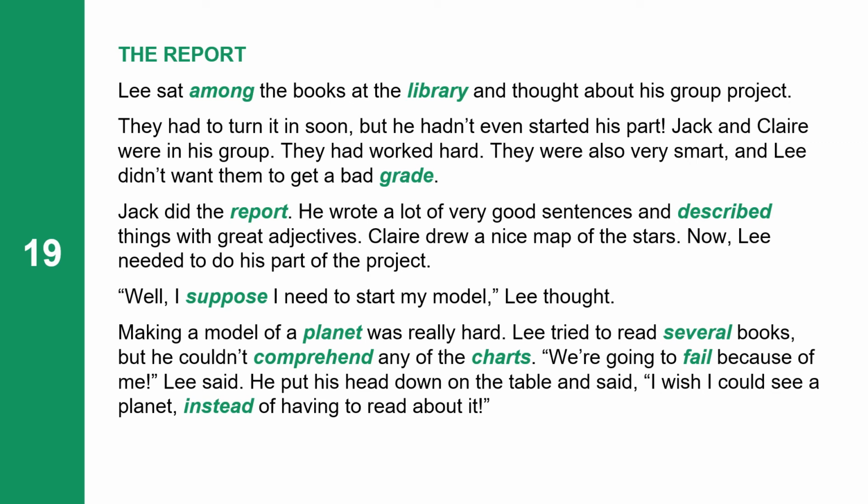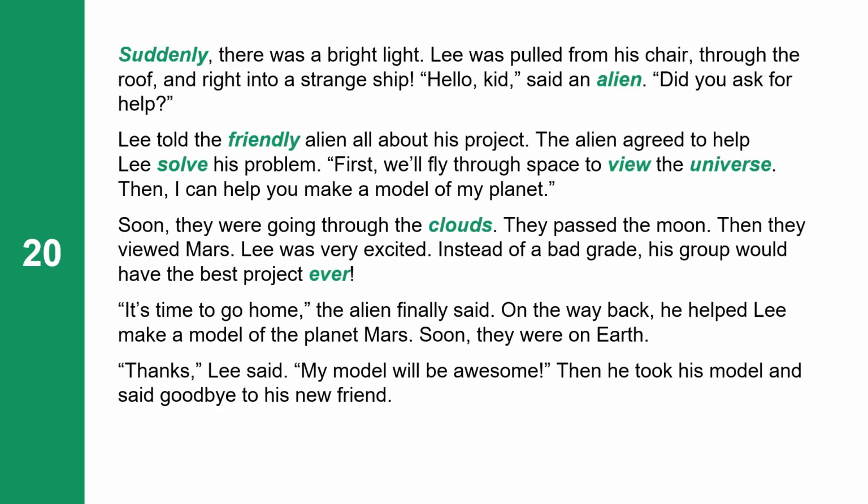He put his head down on the table and said, "I wish I could see a planet instead of having to read about it." Suddenly there was a bright light. Lee was pulled from the chair, through the roof, and right into a strange ship. "Hello, kid," said an alien. "Did you ask for help?"